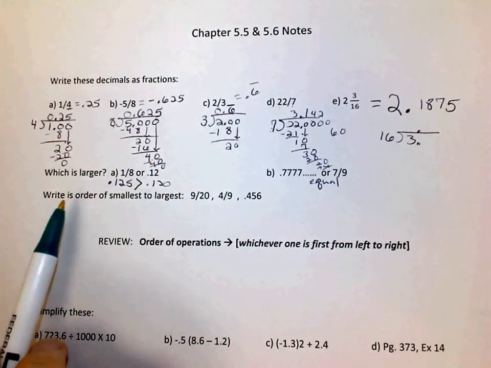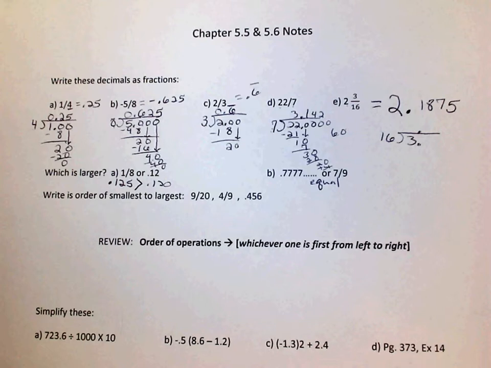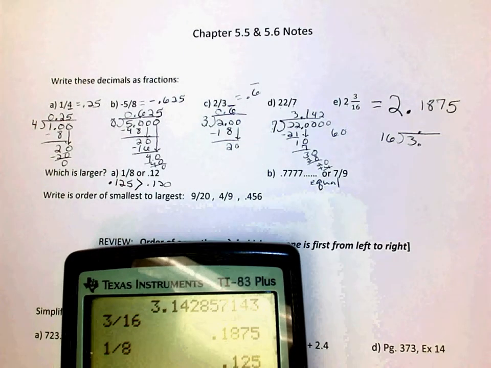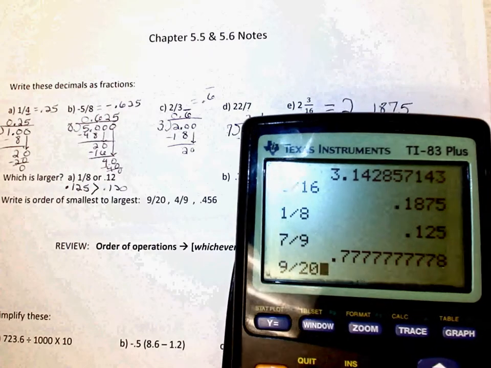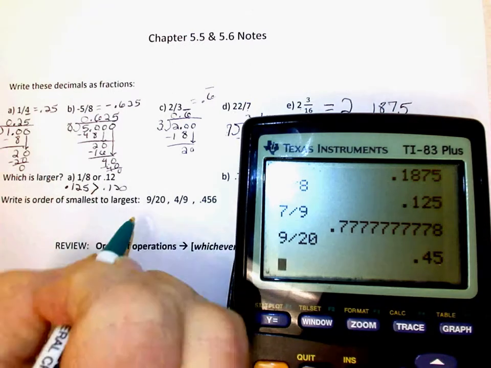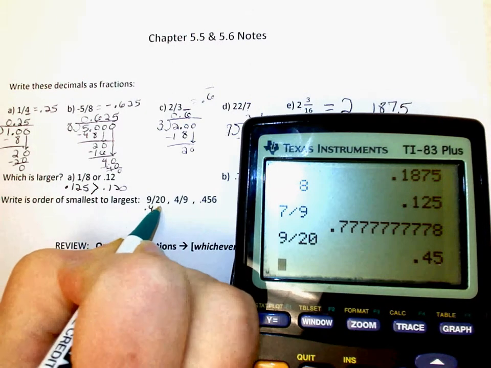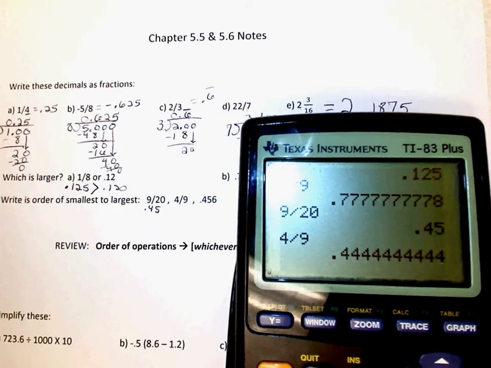Now, writing these in order from smallest to biggest. Alright. Take 9 divided by 20. There we go. So this one is 0.45. And then 4 divided by 9 is 0.4 repeated forever.